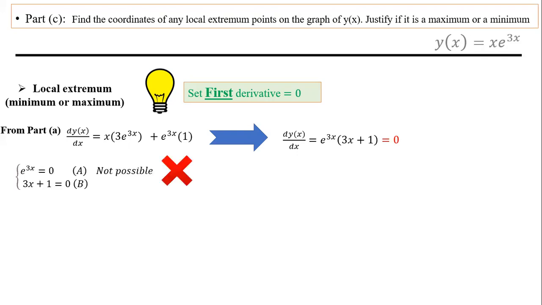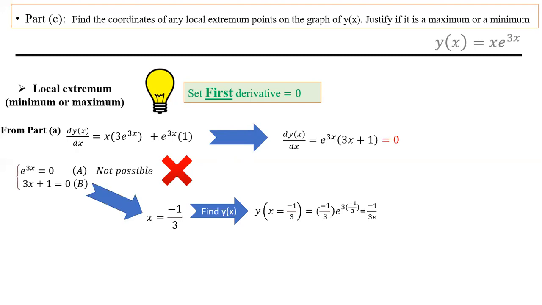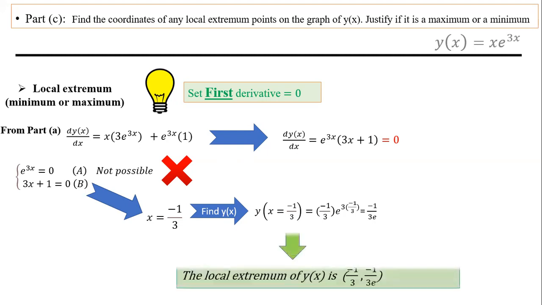So from part B, we can get x. We set 3x plus 1 equal to 0, and we obtain that x is minus 1 over 3. Then we can find the coordinate of this point, y(x), by substituting x as minus 1 over 3, and the result is minus 1 over 3e. So we find that the local extremum of y(x) is this point.